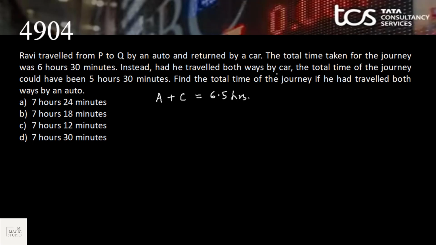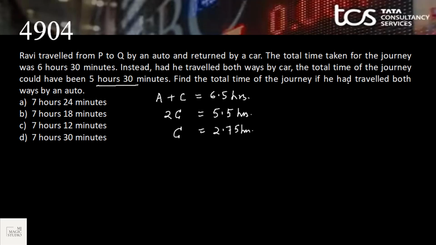Instead, had he travelled both ways by car, the total time of the journey could have been 5 hours 30 minutes only. That means 2 times by the car is the same as 5.5 hours. That means one side car travel is 5.5 divided by 2, that is 2.75 hours.